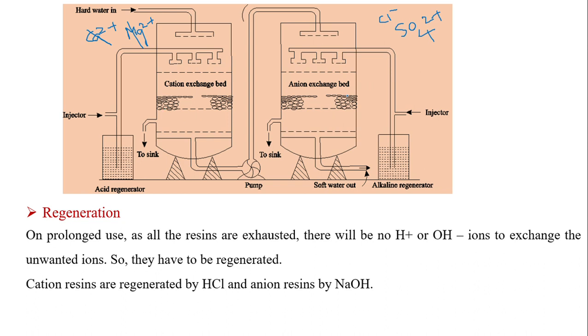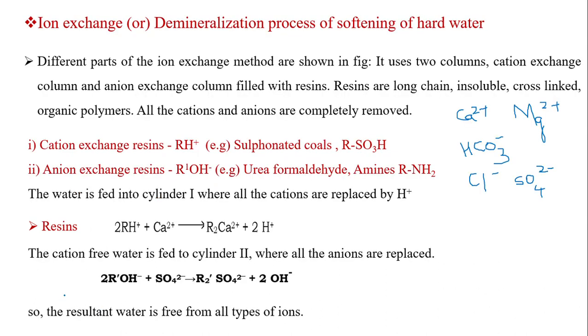Now, once it is fed into the anion exchange resin, these ions are exchanged with the OH minus of the resin. The anion exchange resin is normally represented by R-OH minus. Now the feed water has sulfate ions and chloride ions, so OH minus is exchanged with the sulfate and with the chloride ion.